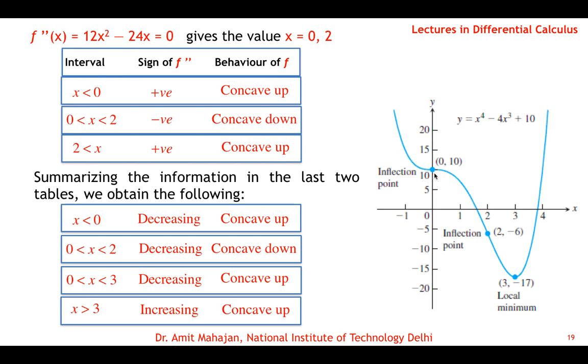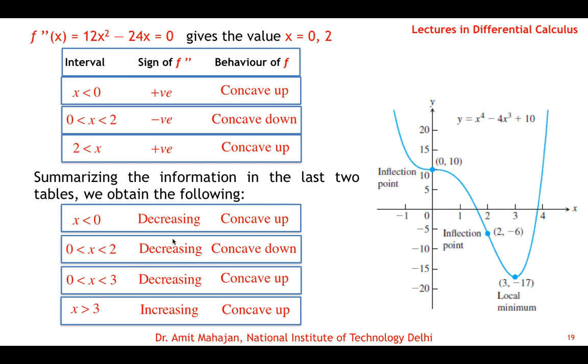For 0 up to 2, the graph is decreasing and concave down. From 2 to 3 it is decreasing and concave up. And for x greater than 3 it is increasing and concave up.